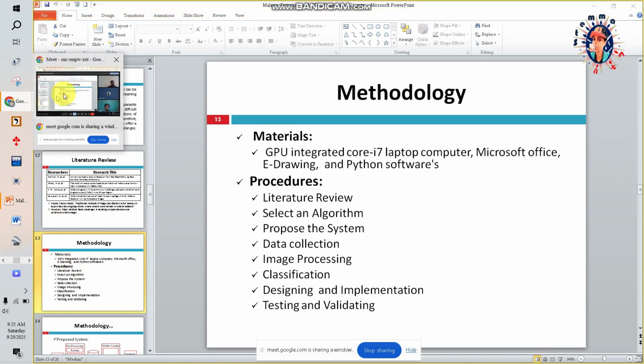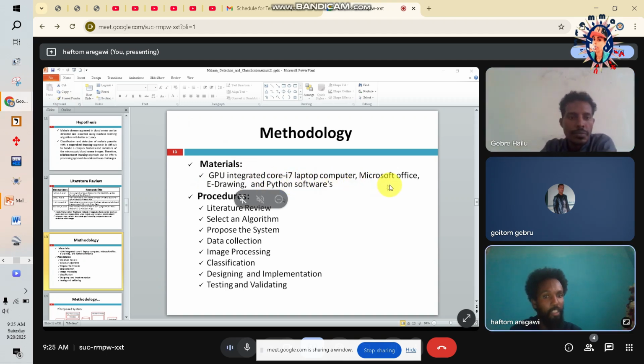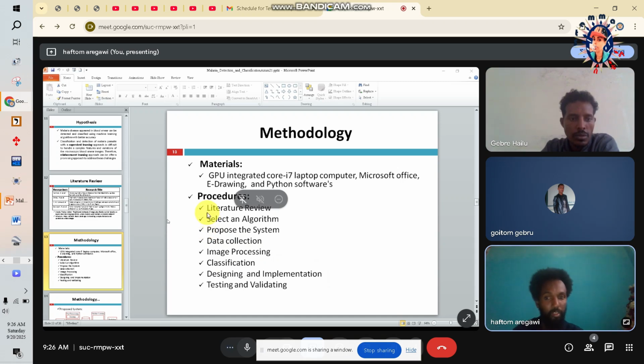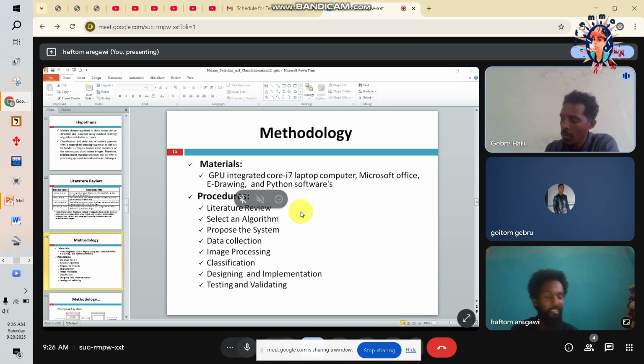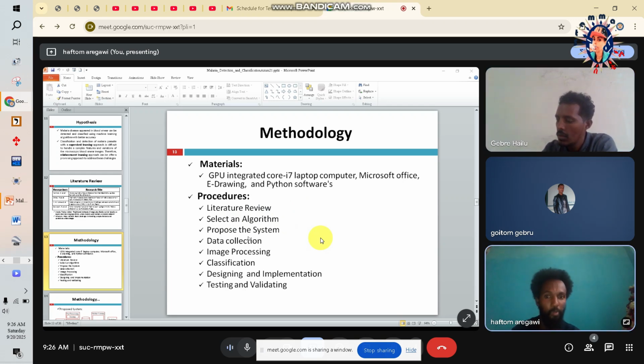In our methodology, we have used a GPU integrated environment, and the procedure we have followed is from first up to the end. We studied some models suitable for our design or proposed system.